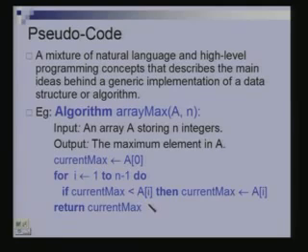A[i] becomes the new max, and then when this loop terminates, we would just return current max. So it's a very simple algorithm, but just with this pseudocode you are able to understand what it is doing. This will not run on any computer, it's pseudocode, but it conveys the ideas, it conveys the concepts. Any questions till this point?